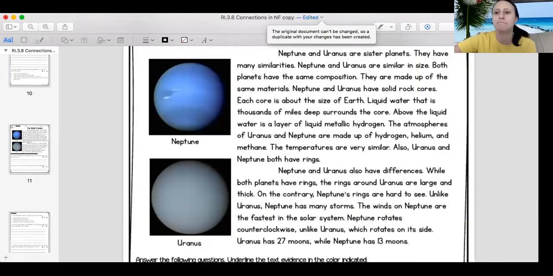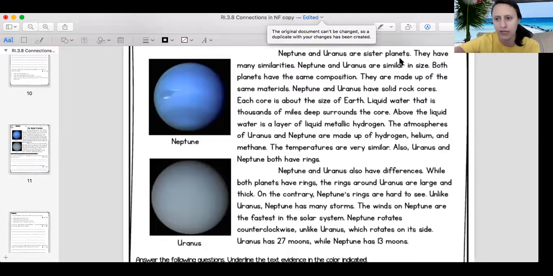Okay, so let's look at some of the signal words. So it says Neptune and Uranus are sister planets. I mean, I know a little bit about sisters.